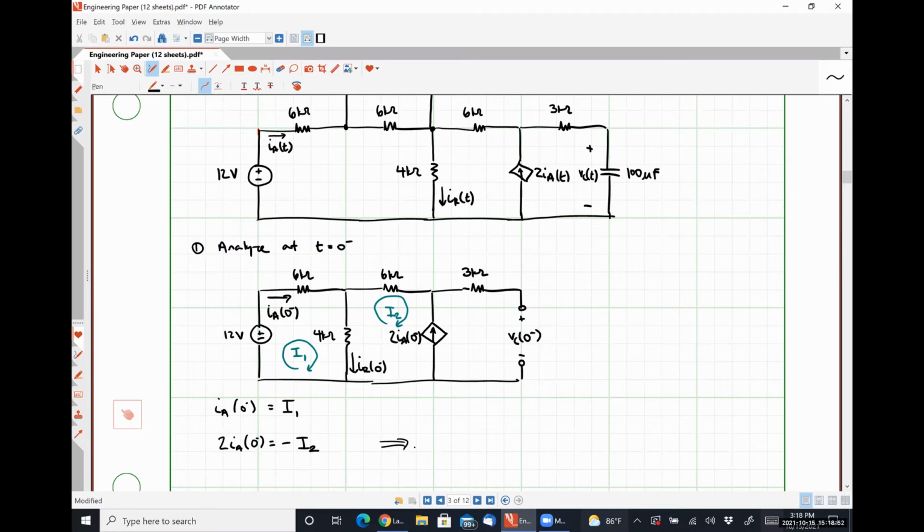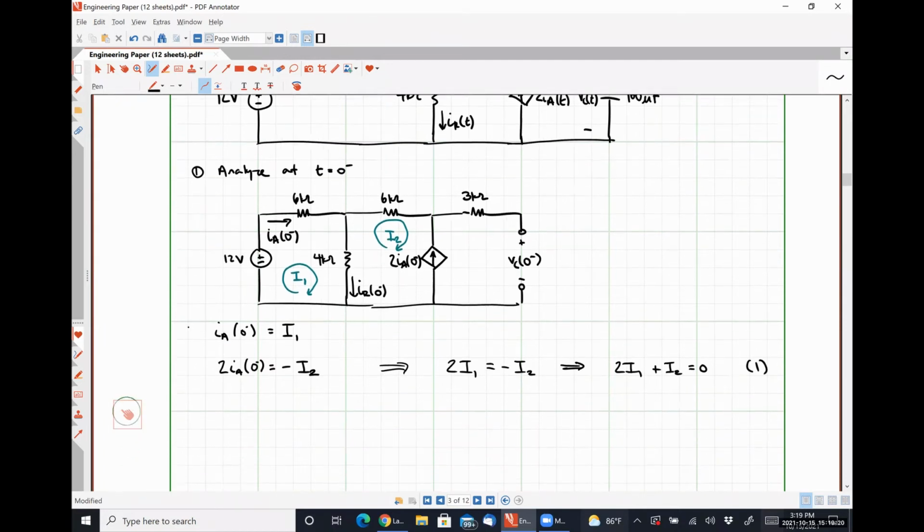Well, it's going to be the exact same result as if I do the substitution, so I'm just going to do the substitution. So twice I1 is equal to negative I2, which would give us 2I1 plus I2 is equal to 0. So that's one of the two equations that we need.